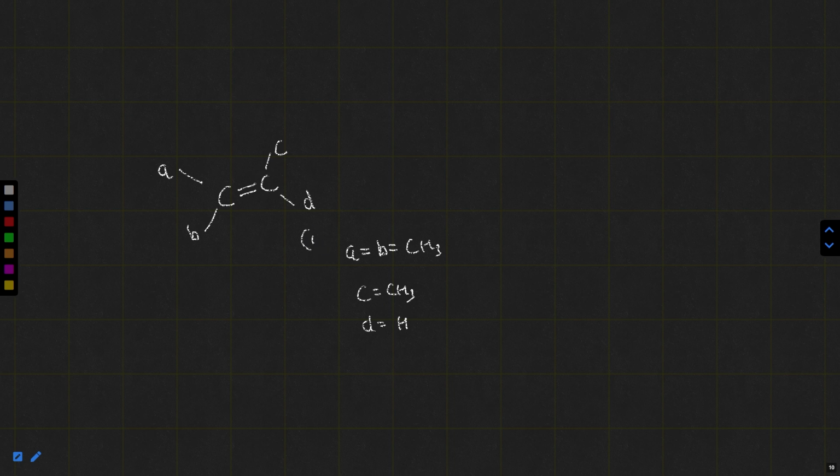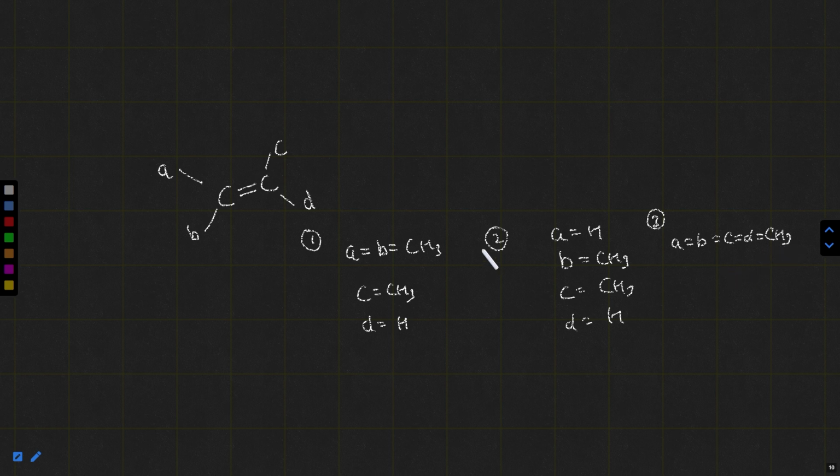This is the first question. Second, suppose you have A equals H, B equals CH3, C is also CH3, and D equals H. This is the second. And the third one is A equals B equals C equals D equals CH3.